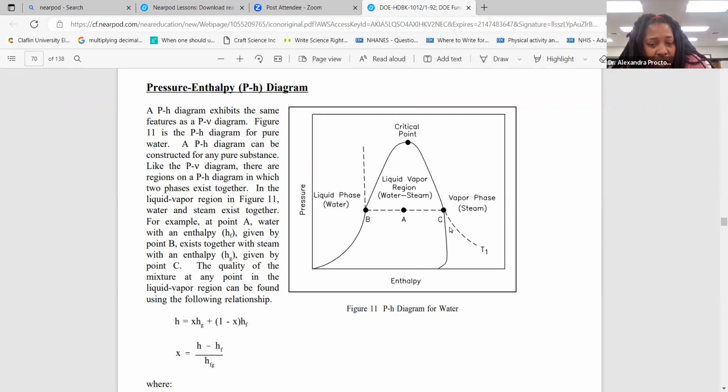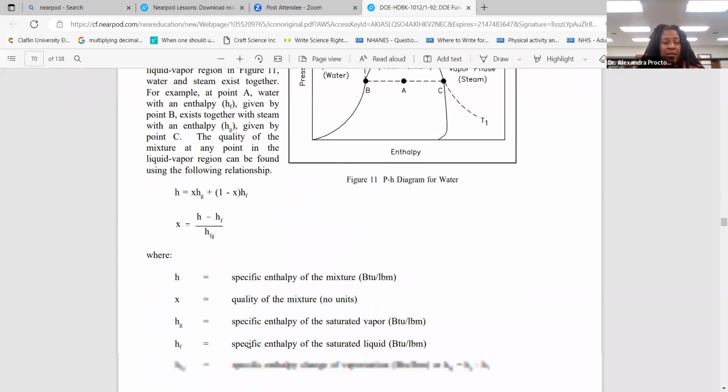So once they understand that these two phases, water and steam, coexist in this particular region, then they take the time to mathematically define it, where enthalpy is equal to X H sub G plus 1 minus X times H sub F. They rearrange this equation to solve for X. So X is equal to H minus H sub F over H sub FG, and then they define the variables.